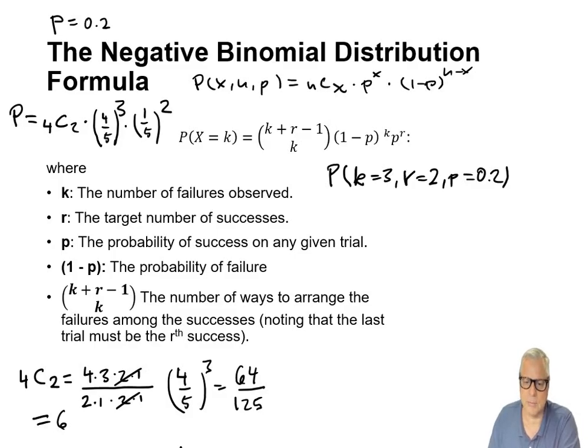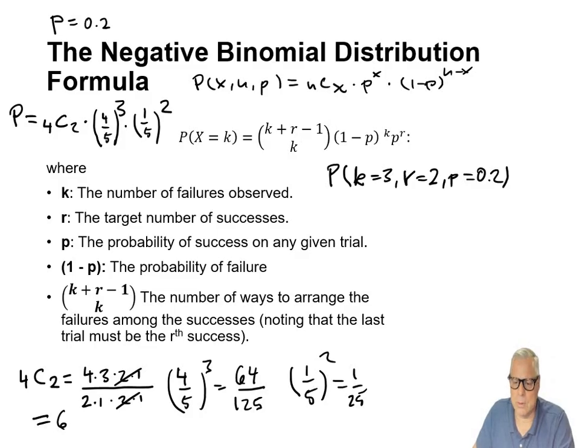And what is 1/5 squared? 1/5 squared is 1/25. Now we need to use a calculator, and actually that's not too useful. So now let's see what we get.